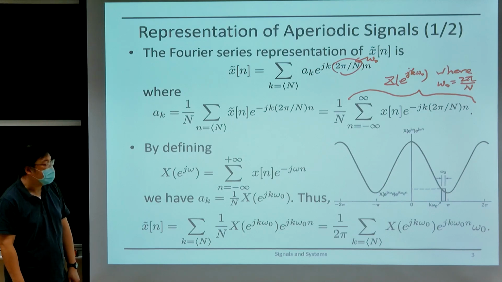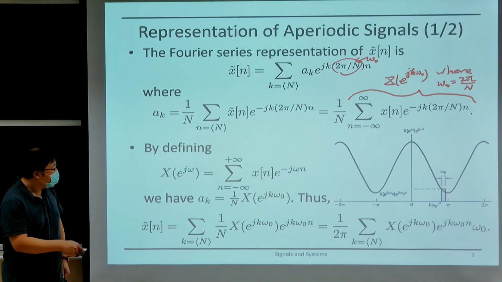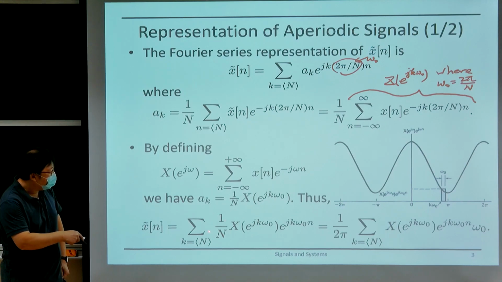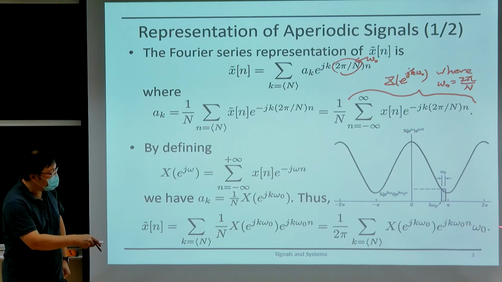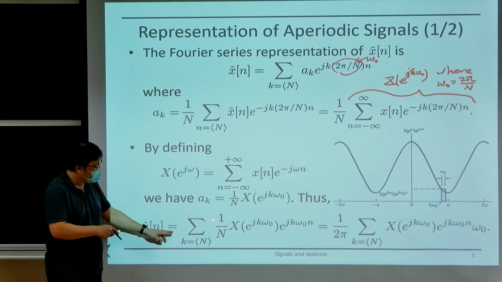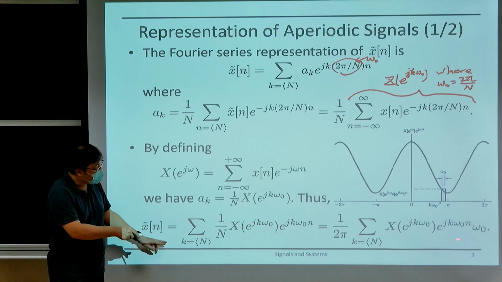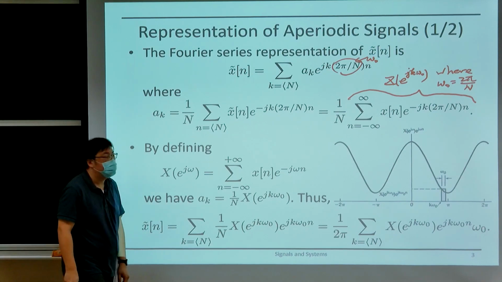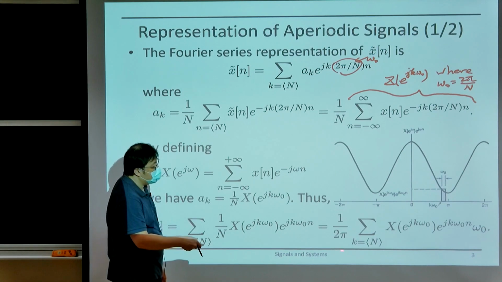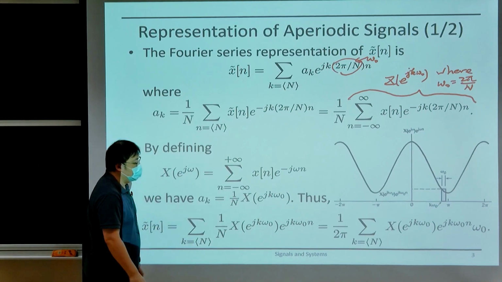All right. And then we can write this 1 over N, right? If I multiply it by 2 pi, right, and divide it back, this 2 pi over capital N becomes omega naught. Okay? So I multiply this by 2 pi and divide it back in the front. I will get an omega naught here. Okay. So then what is this? What is this? Okay.